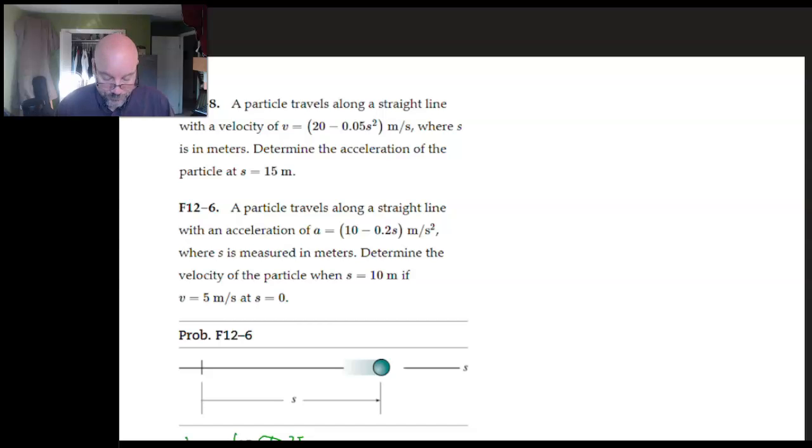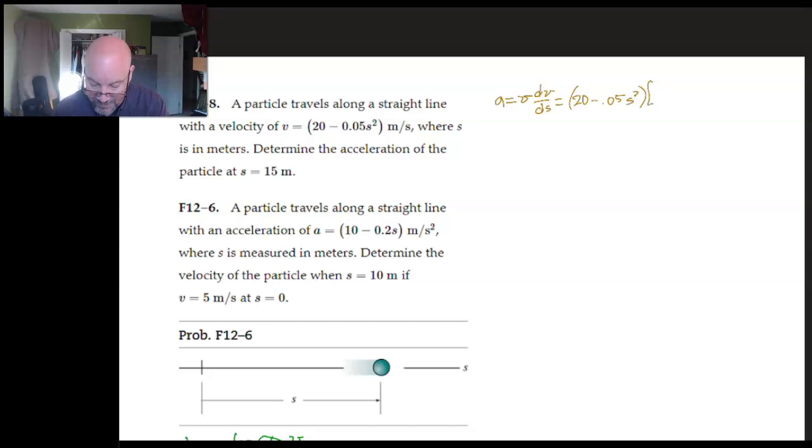So here's how we do it. I know that a is v dv/ds. So I can copy in my equation for my velocity, which is 20 minus 0.05 s squared, and then we need the derivative of that.